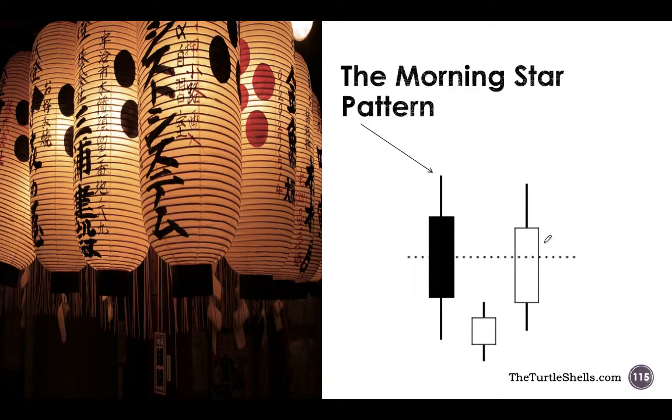The closing of this white body is above that midpoint, and the second and the third candles also should not touch each other. Since this is a bullish pattern, as suggested by the name, it comes after a downtrend. Okay, so that's the morning star pattern. This is how it looks.